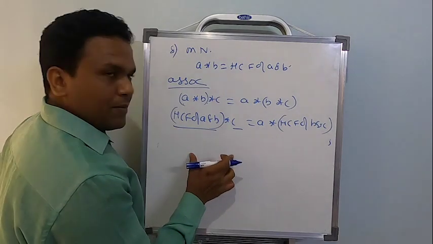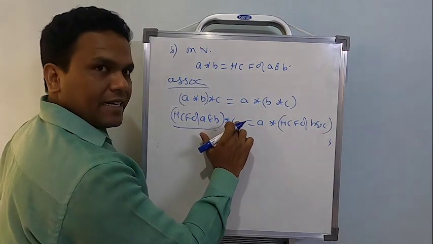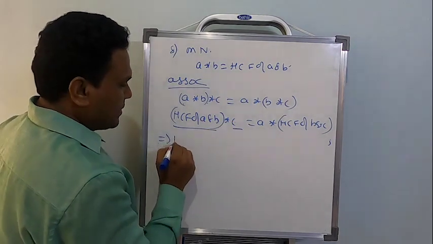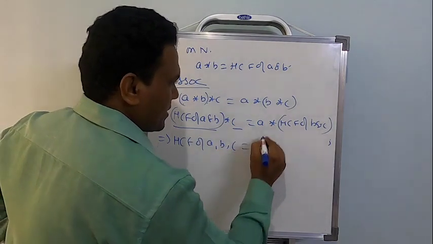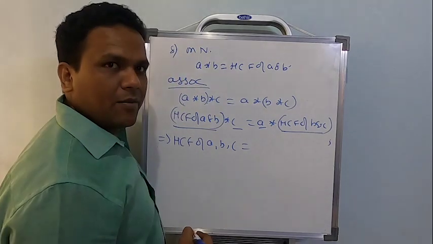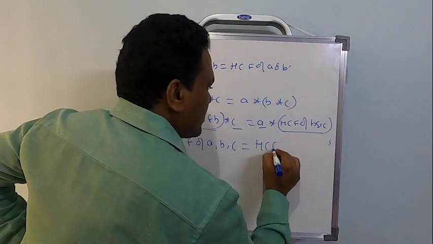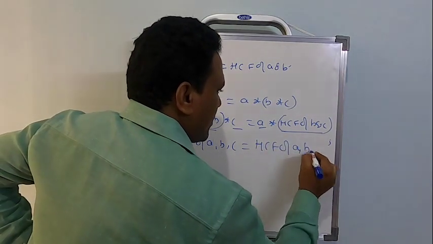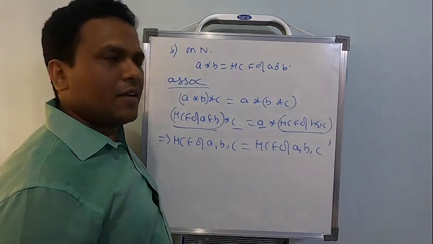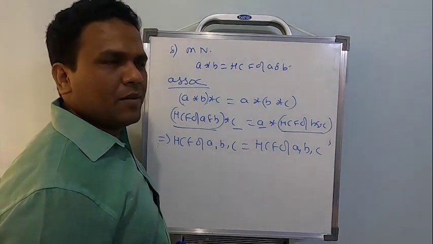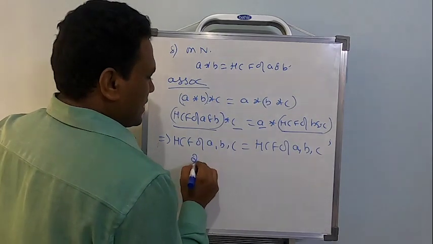If I write the next step, HCF of the first element and the second element, what I will get is HCF of A, B, C. Take three numbers, find the HCF. In any way, it's still going to be the same. So you can easily check with an example.